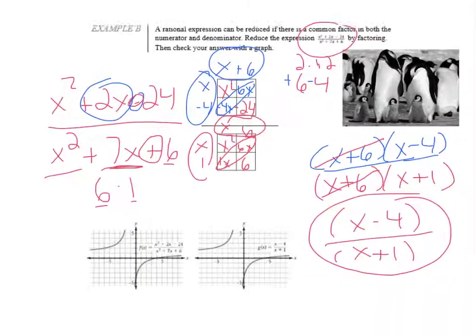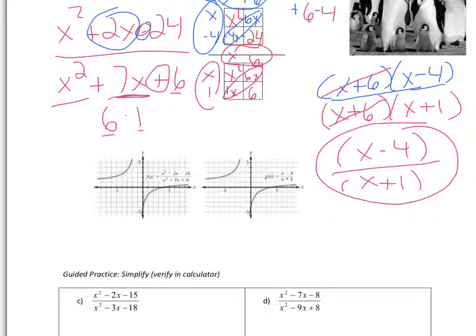If we put the original function into the calculator and our simplified function, what we notice is it gives us almost the exact same graph. The difference is right over here. We canceled out an x plus 6, and we know we always take the opposite to get the x value, so that would be a negative 6.